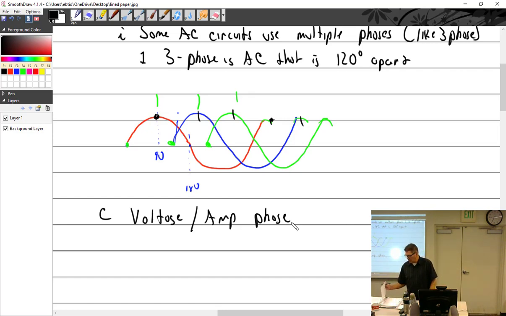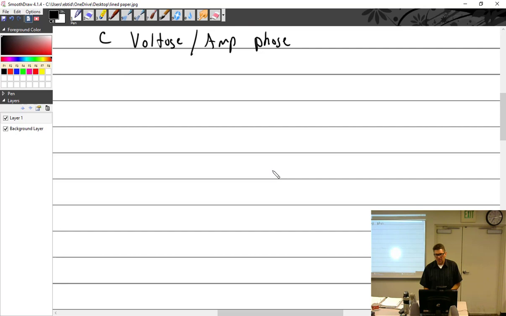When I draw the sinusoidal waveform here, whether single phase or polyphase, I could be talking about volts. The voltage increases in amplitude and changes directions, and goes the other way. So I could be referencing this as voltage. That's a picture of the voltage: it goes up, it goes down.